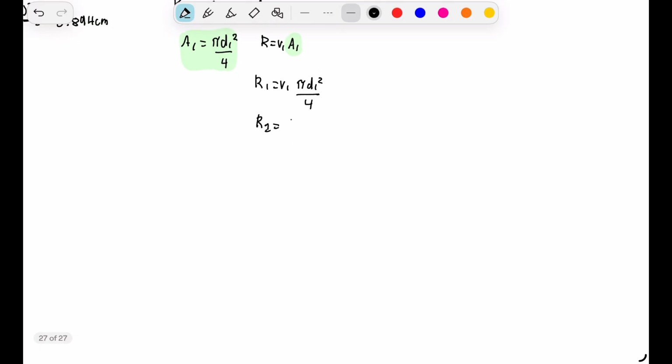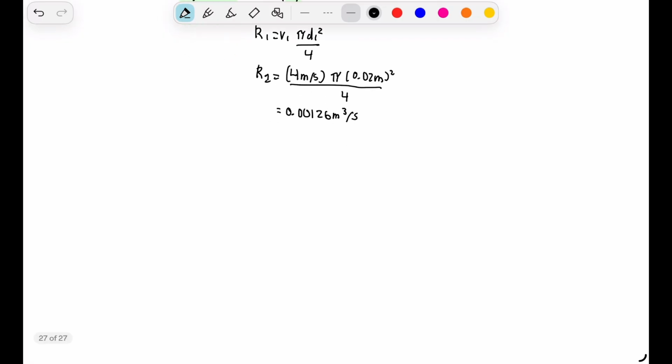So for V1, you have 4 meters per second. You have your pi, and then you have your diameter in centimeters, so in meters that would be 0.02 meters, squared, divided by 4. That would give you 0.00126 meters cubed per second.